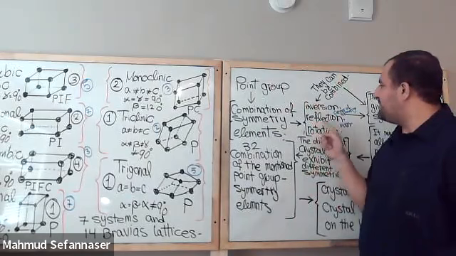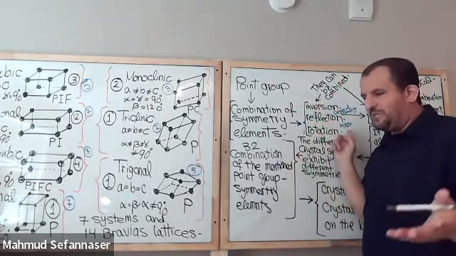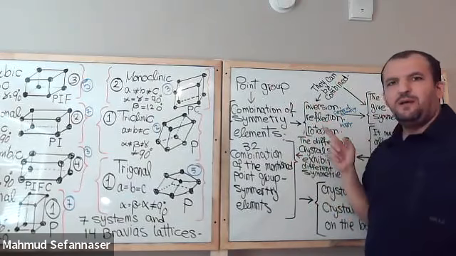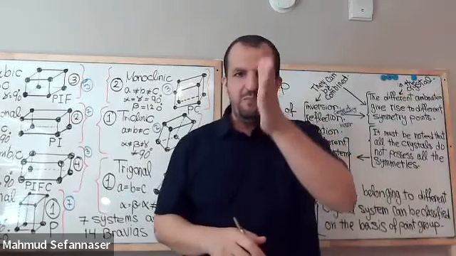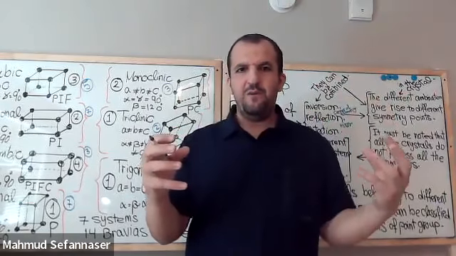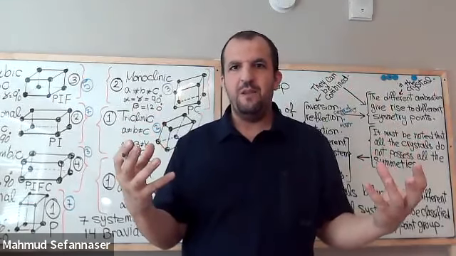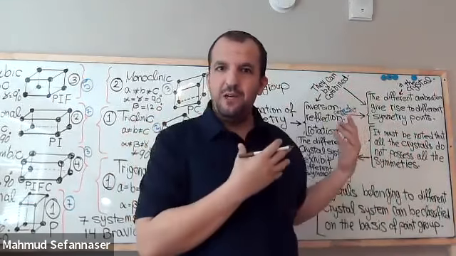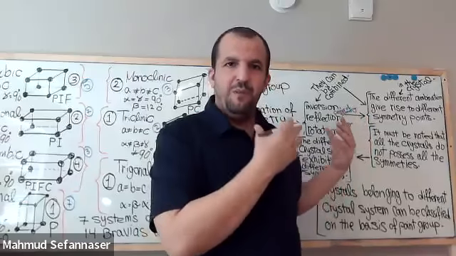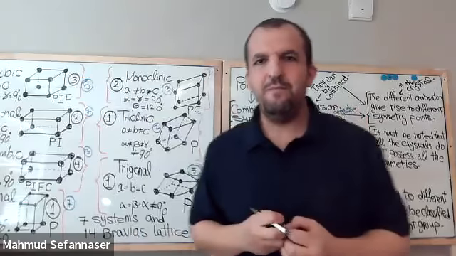Another element is reflection, which is similar to a mirror. If we have an object on this side, the reflection will give you the object on the other side. This is what we can see using a mirror, and this is what happens with this symmetry element.